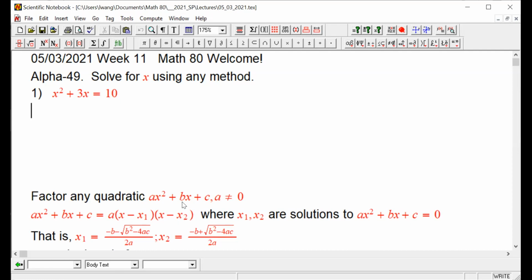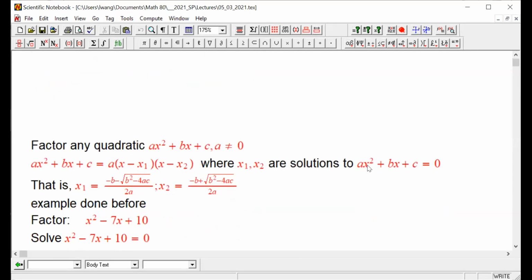Before we apply the quadratic formula, we have to make sure that the quadratic formula is for ax squared plus bx plus c equals 0. A lot of these equations in 49 have no 0, so we have to make 0. In all the equations we've done before, they were already made 0, so the output is 0.